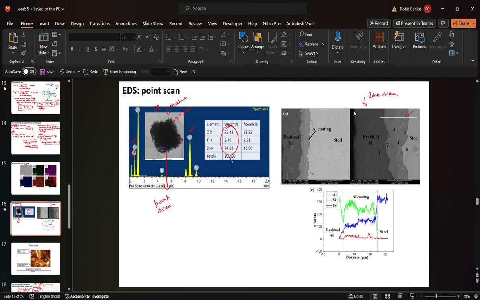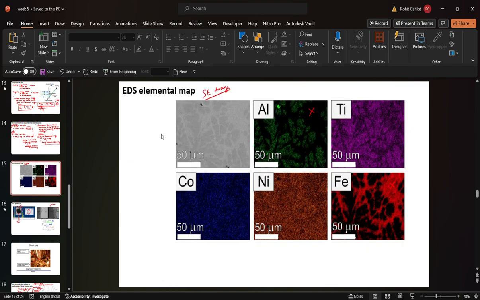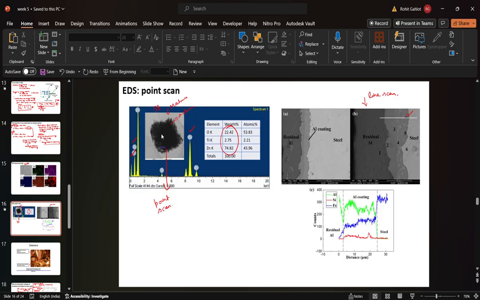And this is another EDS for a point scan. So first one was the EDS mapping analysis, and this is a point scan. So here it is your specimen, and then we selected a point analysis here, where you are seeing this blue portion.